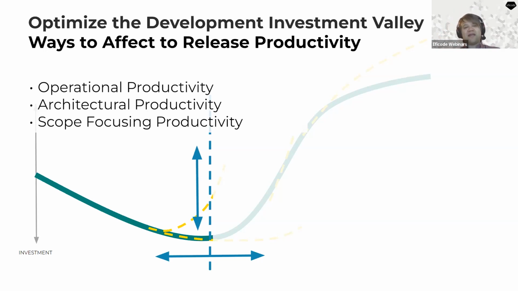I think my message is that you need to focus on all of these three things. Try to improve operational productivity, architectural productivity, and scope focusing productivity. That's the way you gather bits and pieces together, these improvements, to really optimize the development investment valley.